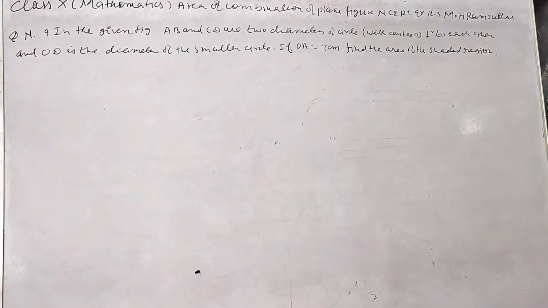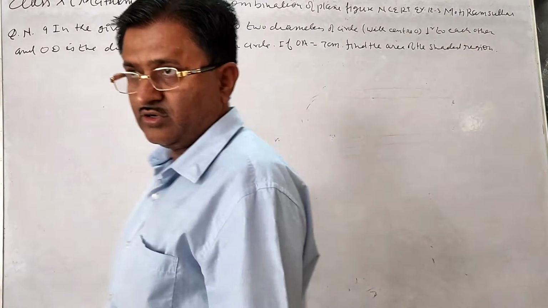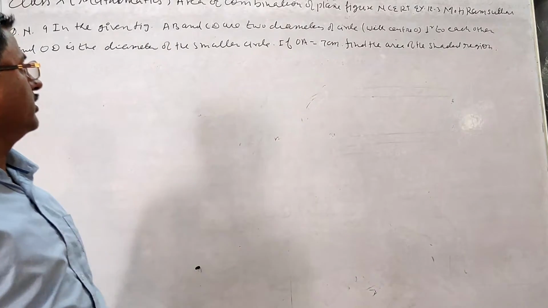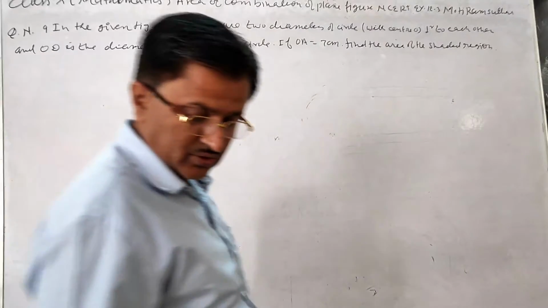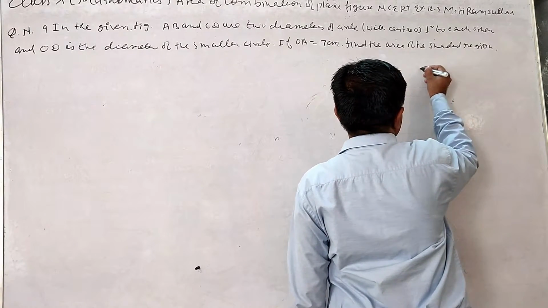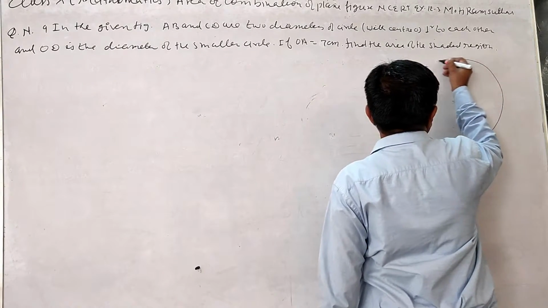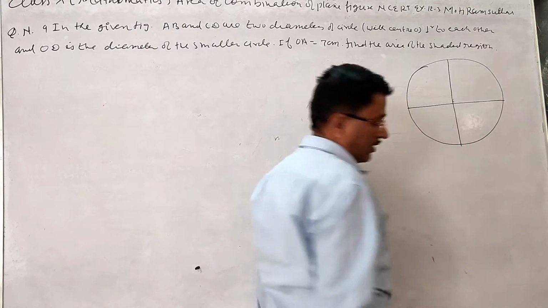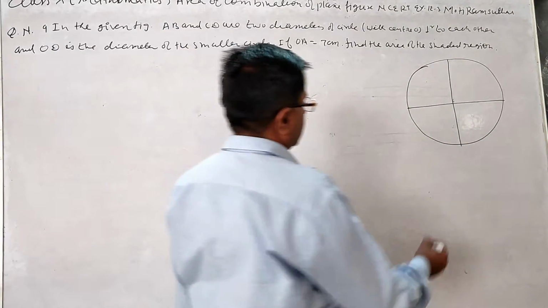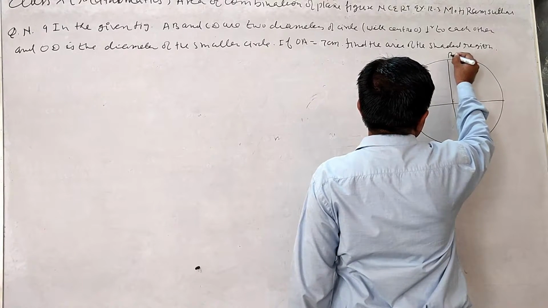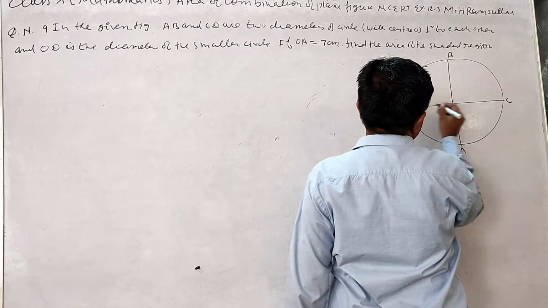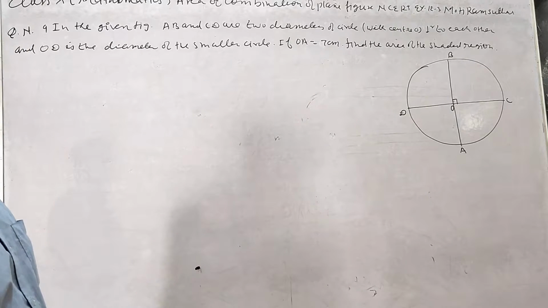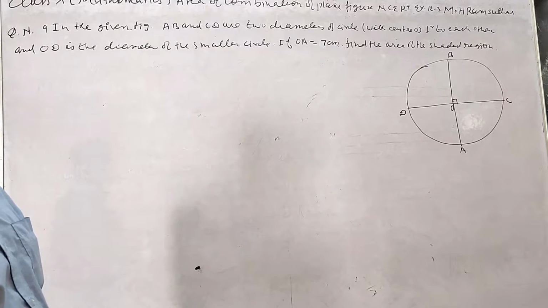So next problem, see question number 9, that is also very important. In the given figure, we are given a figure, AB and CD are two diameters. So we are given a circle. In this circle there are two diameters AB and CD, perpendicular to each other and passing through the center O. And OD is the diameter of the smaller circle.